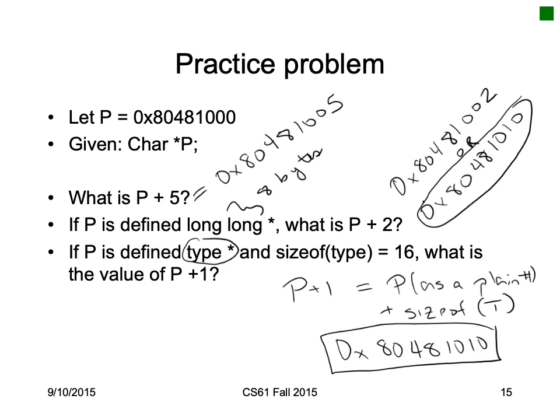So pointer arithmetic, instead of just adding that value, it's that value times the size of the type that the pointer is referencing.